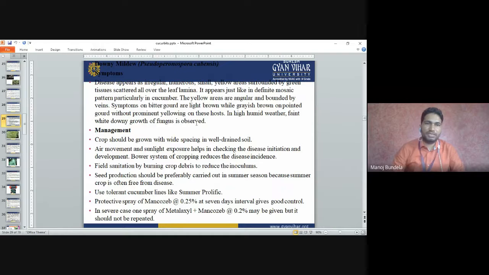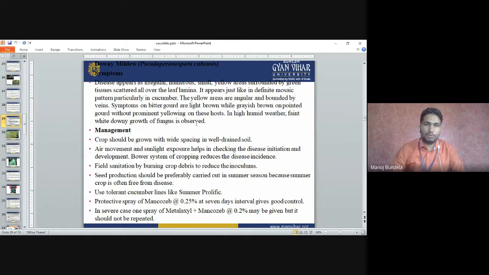So the first disease is downy mildew, Pseudoperonospora cubensis. Symptoms: the disease appears as irregular, numerous small yellow areas surrounded by green tissue, scattered all over the leaf lamina. It appears in a definite mosaic pattern, particularly in cucumber. The yellow area is angular and bounded by the veins.